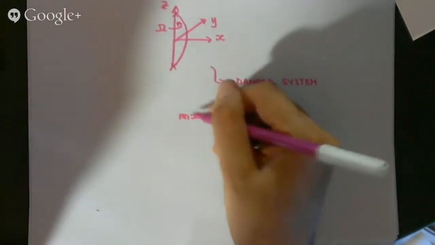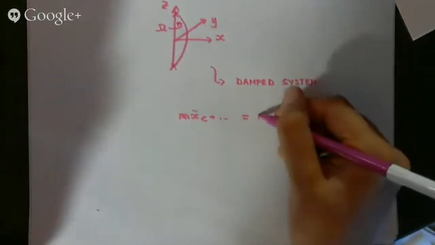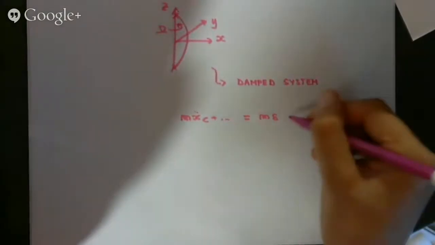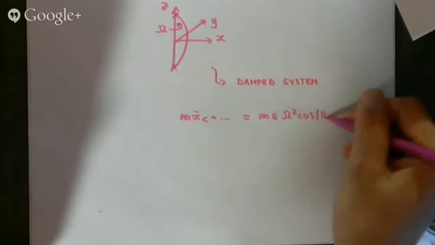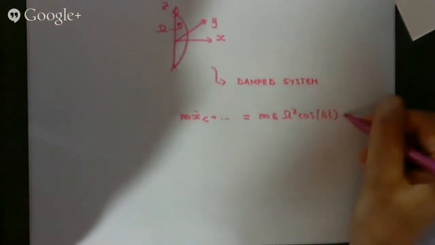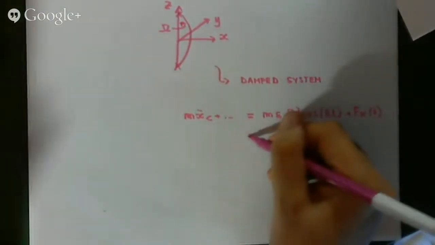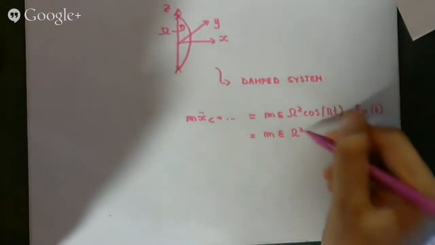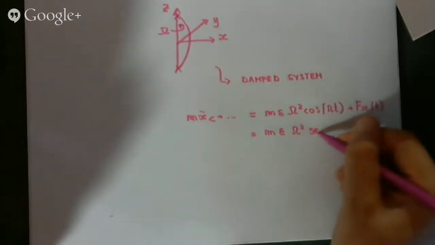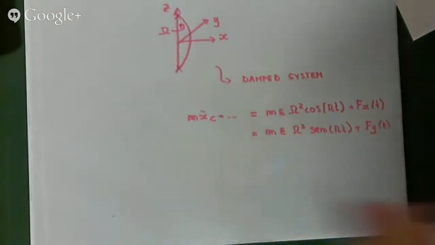m x double dot C plus the right hand side, we have m epsilon omega squared cosine of omega t plus f x of t, and the second, m epsilon omega squared sine of omega t plus f y of t.